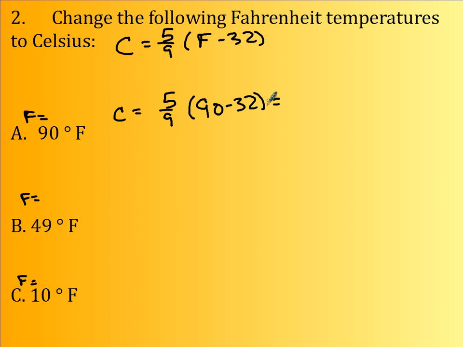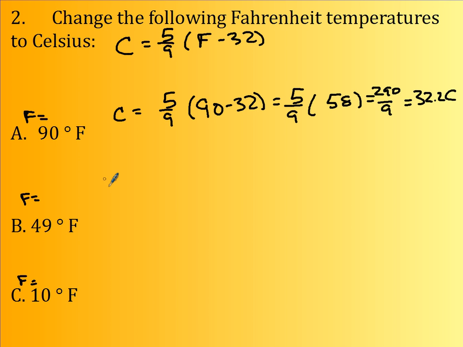Now remember, PEMDAS, you always have to do what's in the parentheses first. 90 minus 32 is 58. 5 times 58 is 290. Divide that by 9, and that gives us 32.2 Celsius.